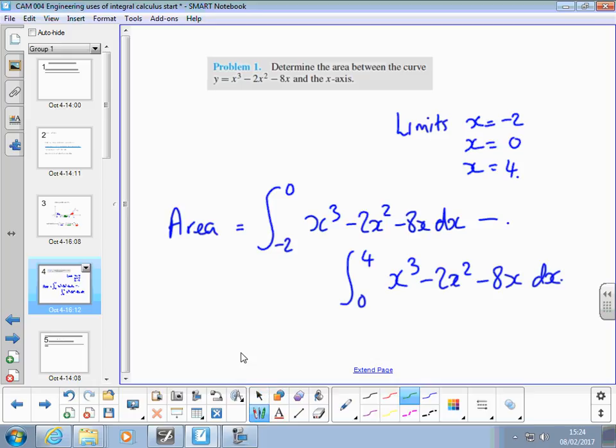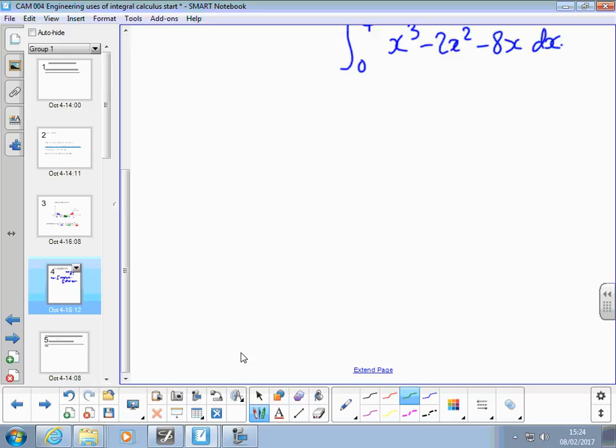And this is where on the board it gets a bit messy because I haven't got much space. Let's extend the page a bit.